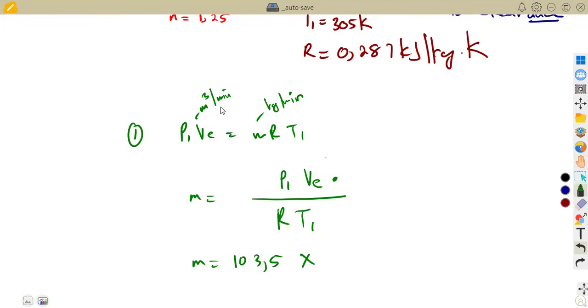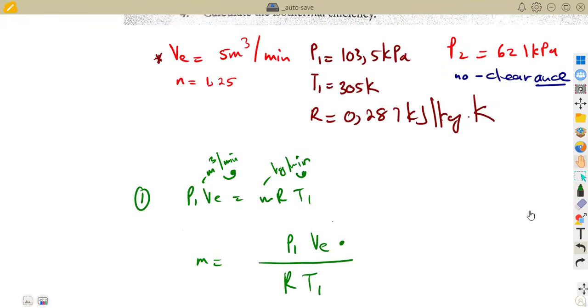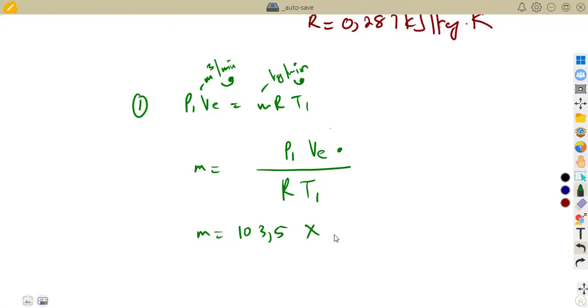Since we need this in kilograms per minute, we use VE in cubic meters per minute. So am I going to change this? No, this time I'm not changing anything. So I'm just going to take it as 5 cubic meters per minute. R for air, 0.287, times T1.